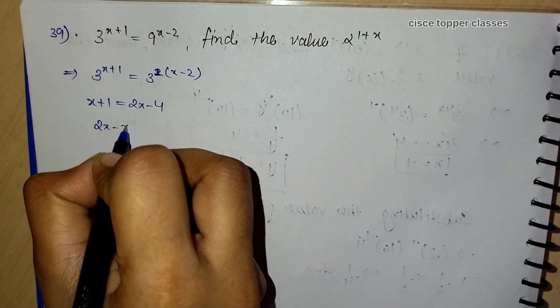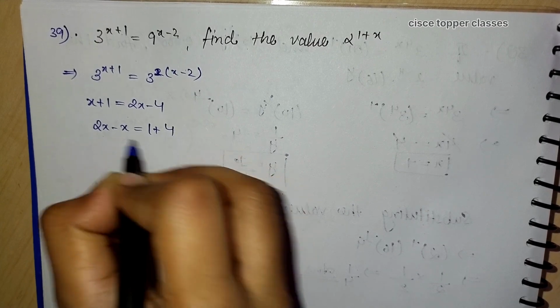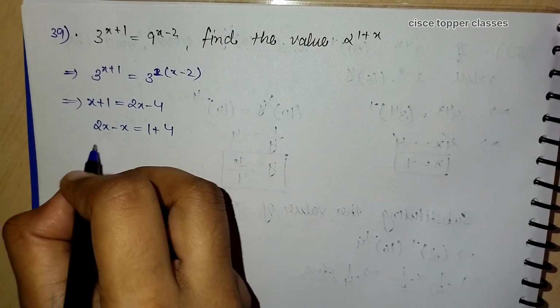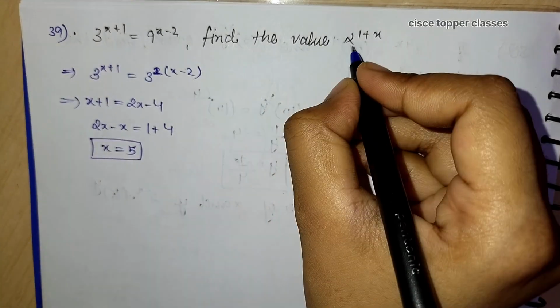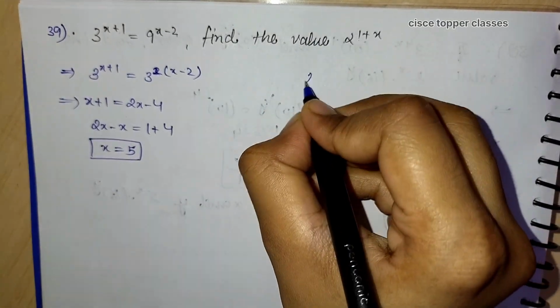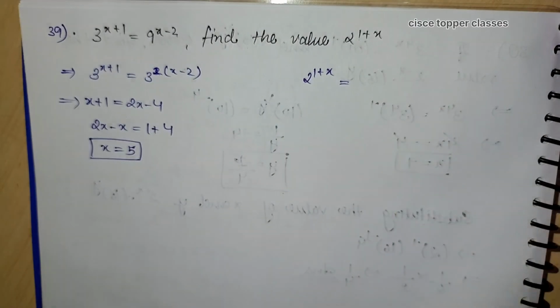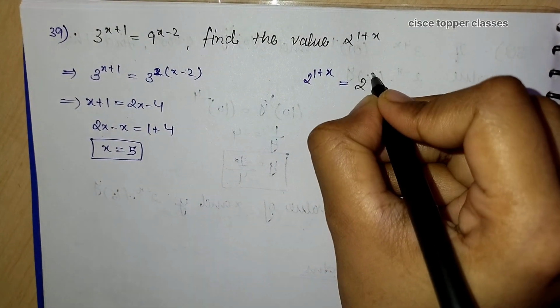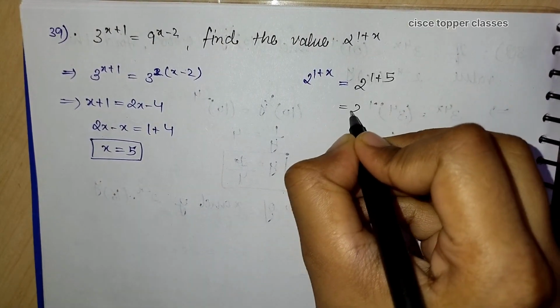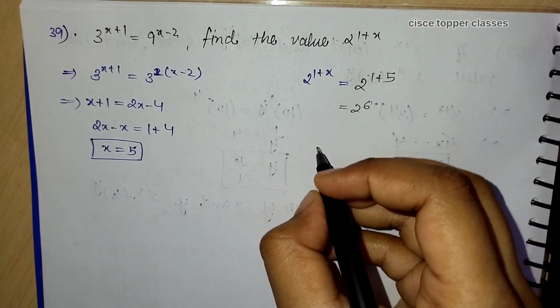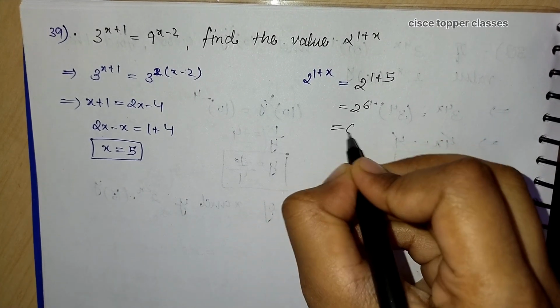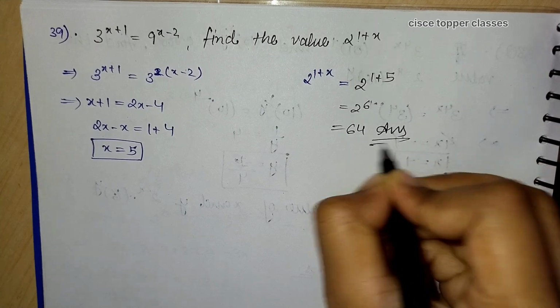So 2x minus x equal to 1 plus 4 from here. On simplifying x will be 5. And we have to find the value of 2 की power 1 plus x. Putting the value of x here we will get 2 की power 1 plus 5. 2 की power 6 will be 32 into 2 will be 64 as the answer. So this will be the answer here in this question.